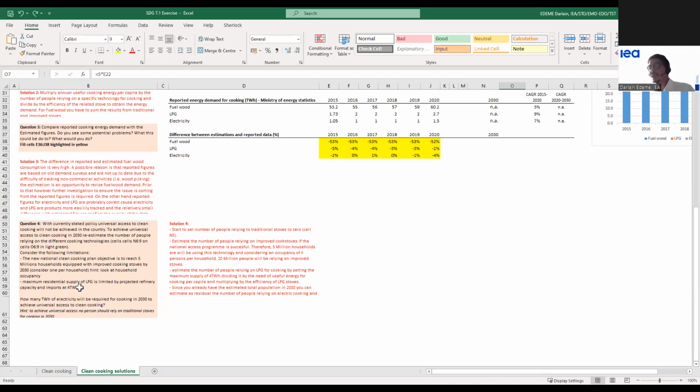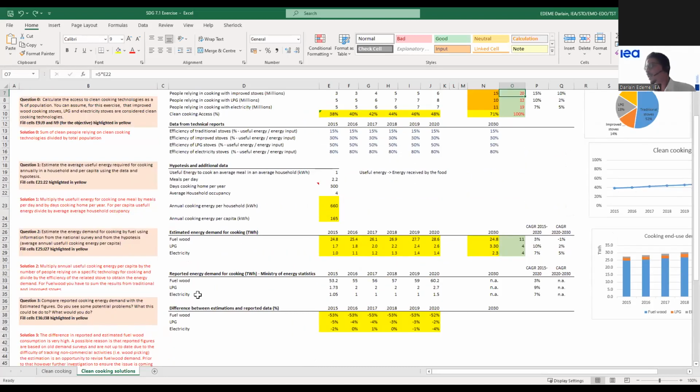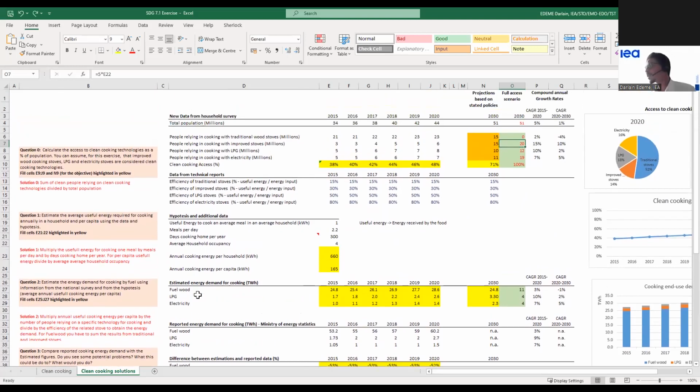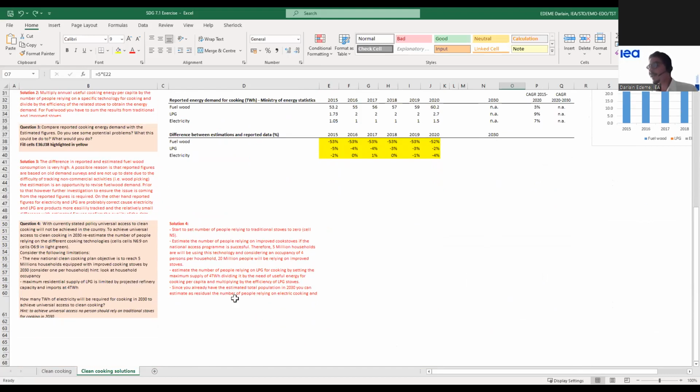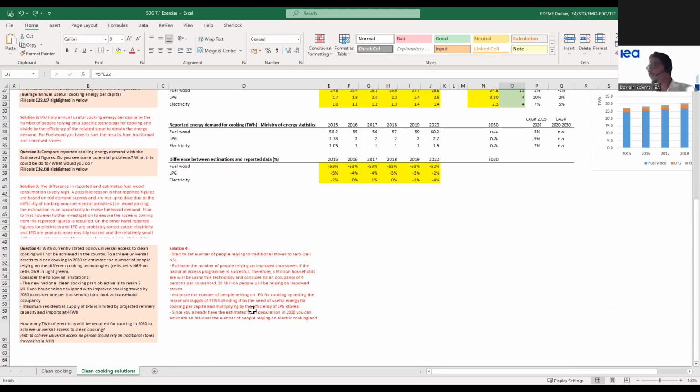This is because clearly the Ministry of Energy has plans and does planning in terms of how much LPG local national refineries will be able to produce, how much is expected to be imported from outside, and how much of the overall produced and imported LPG will be allocated to the residential sector, and in particular for cooking needs. So in this case, you know that this value is 4 terawatt hours.